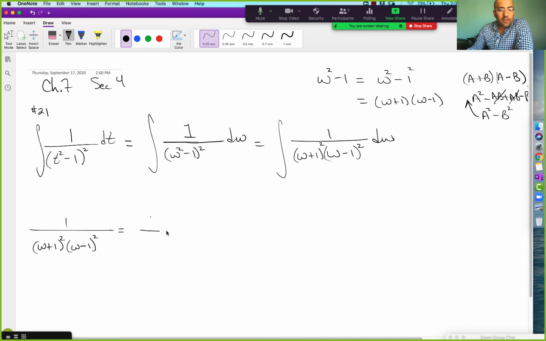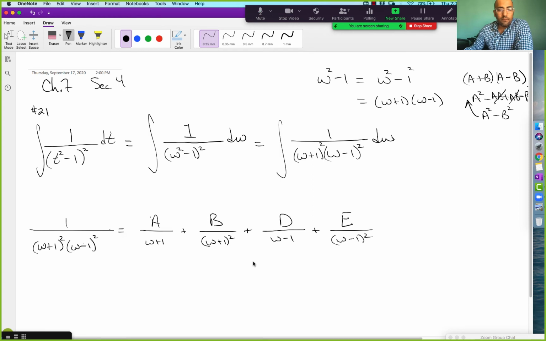We know that w plus 1 merits its own fraction, plus a w plus 1 squared would also merit its own fraction. This is linear, so it has a constant in the numerator. Plus, and then pretty much the same thing over here. W minus 1 has a d, plus a w minus 1 squared has an e.